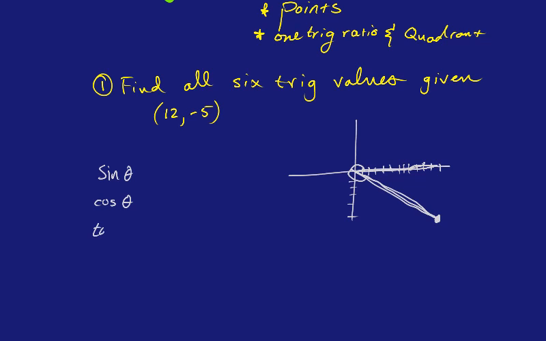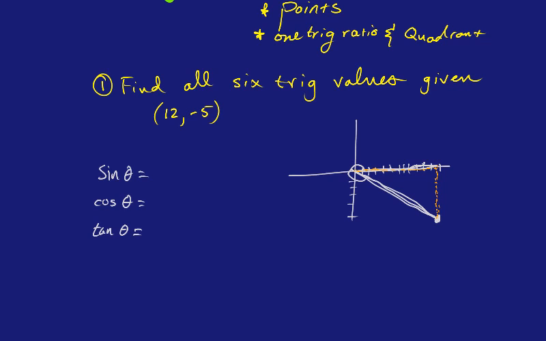the tangent of theta, and we're going to find those by doing a little bit of work. One thing I encourage people to do, rather than memorizing more ratios, because you already have things memorized, is to draw a triangle. So given the point, you always draw a triangle: go up or down to the x-axis, and then over.